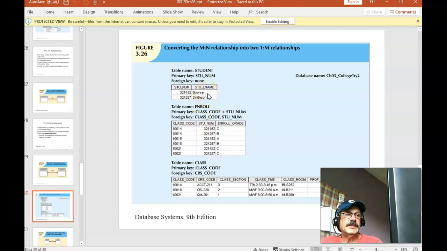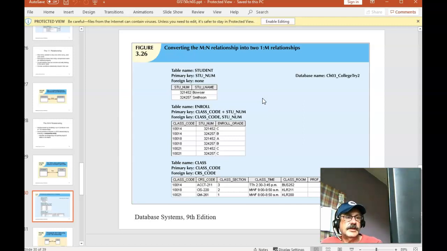If you think about it, in this student table, if I put Bowser, I couldn't put a field for a foreign key to over here because he's taking more than one class. I guess I could if I made a whole bunch of fields and said class 1, class 2, class 3, but then I have limited how many classes they can take.